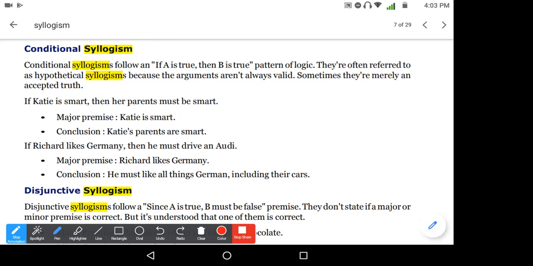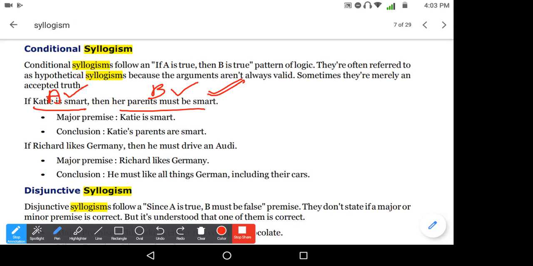So these are conditional syllogism. So here you'll have only two sentences or two main things. One is major premise, the other one is conclusion. So if Katie is smart, this is A, if A is true, then B is true. It's a pattern, but there is no rule that it should always be valid.